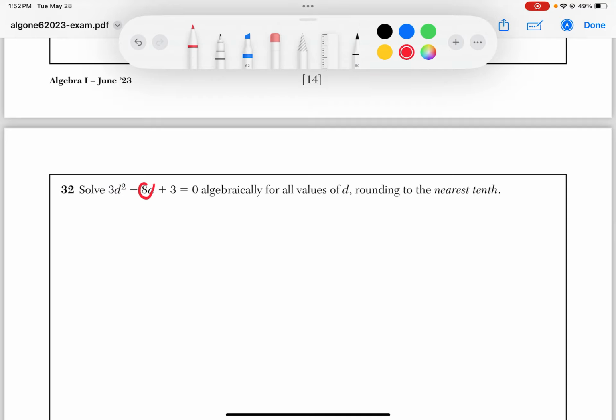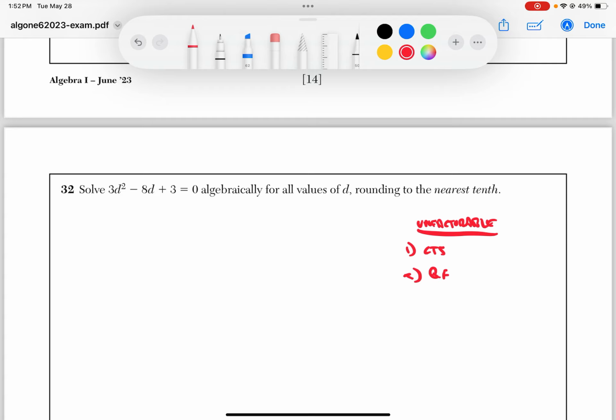Problem is 3 doesn't go nicely into 8. So I have an unfactorable quadratic that I must solve. When it's unfactorable, my two choices are either completing the square or the quadratic formula.